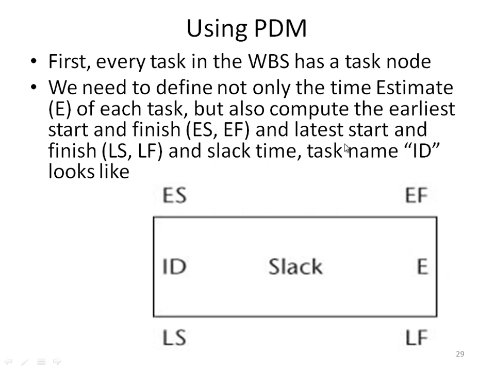We need to have the task ID or name. We need the earliest start and earliest finish. We need the latest start and latest finish, and we need to calculate slack, if we have a slack of extra time for this task that we can utilize later on in other things.